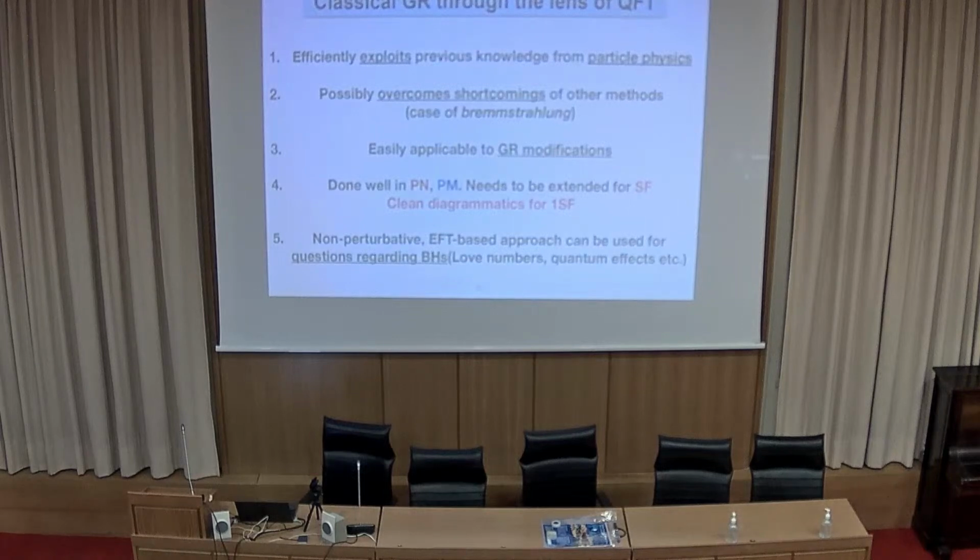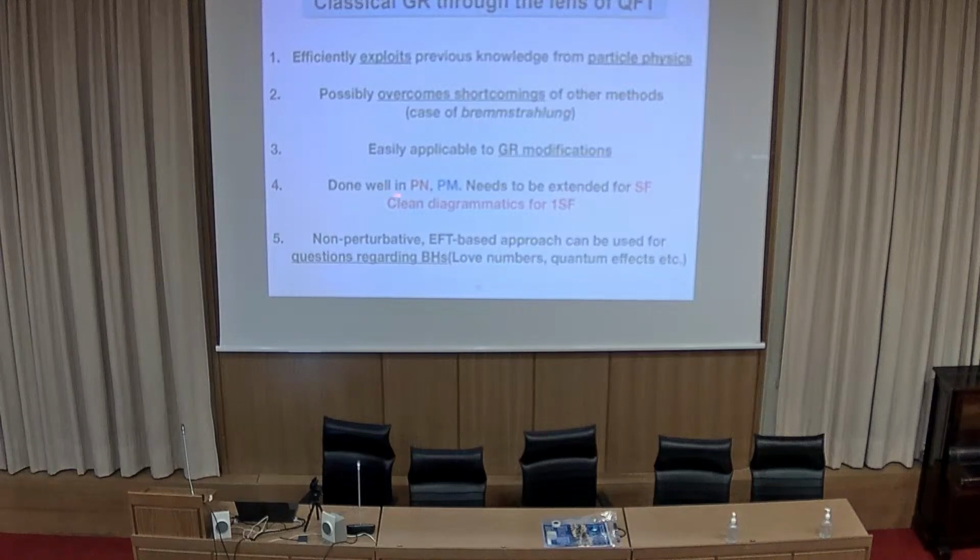So up to now, we have been reproducing, let's say, results that have been already computed with GR. But the point is, okay, to justify yourself and your existence, you need to do something novel. And this is a concrete example of a novel computation, the case of Bremsstrahlung. Unfortunately, we didn't have time. So the message here is that we can possibly overcome shortcomings by reformulating in another language the same problem. It's easily applicable to GR modifications. I think this is self-explanatory.